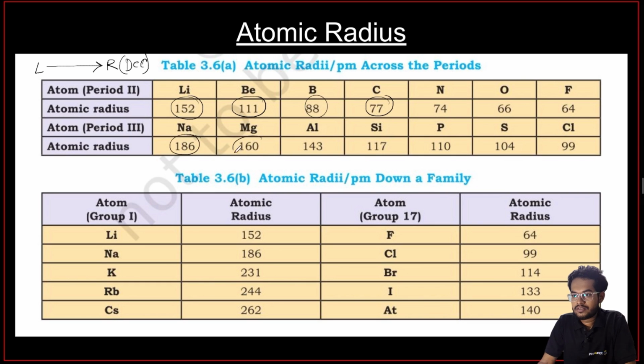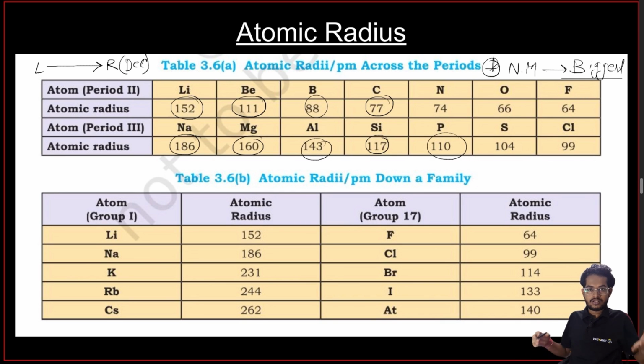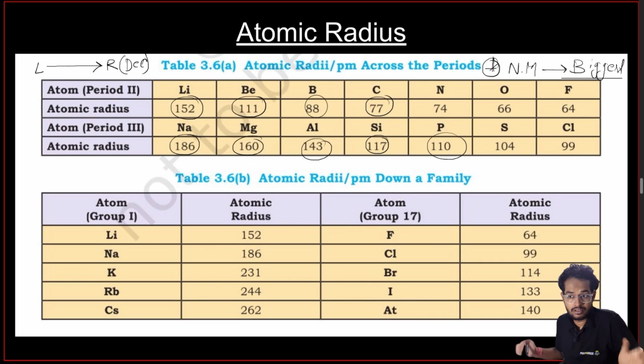And you can see in this one too, this one is also decreasing. But here is a simple case: a noble gas from any period is the biggest. It just keeps reducing, and suddenly the noble gas appears and it is the biggest one among them. Okay, as simple as that.